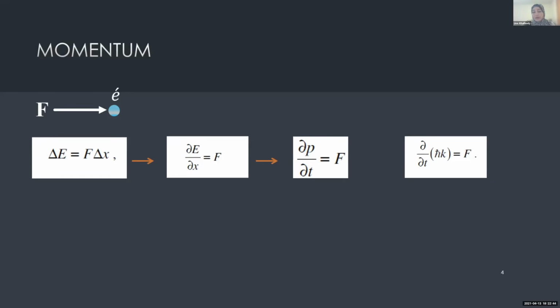If we compare the classical and quantum mechanical relations, remembering the momentum in quantum mechanics, we can consider that it looks like the momentum of a classical object. We know the momentum increases by increasing the force. Here we have a similar situation: the wave vector will increase as the force increases.